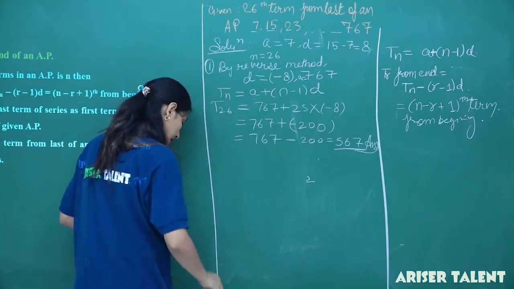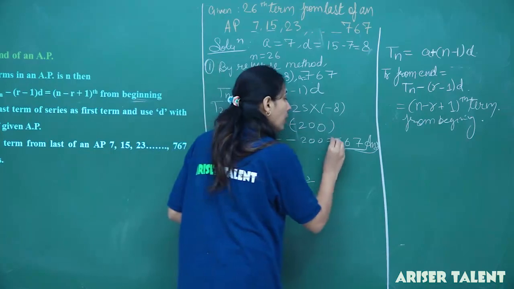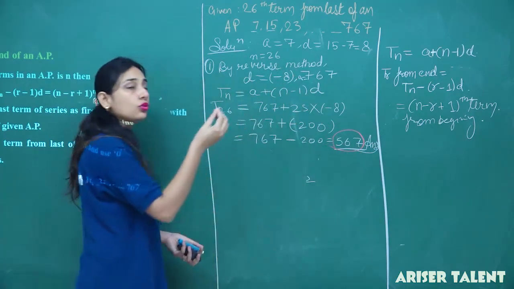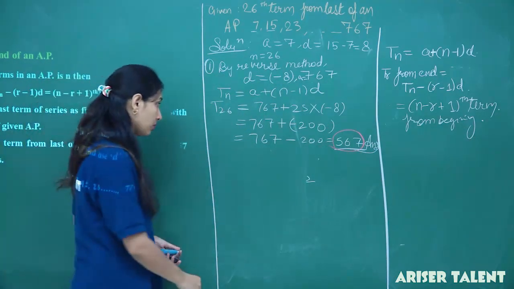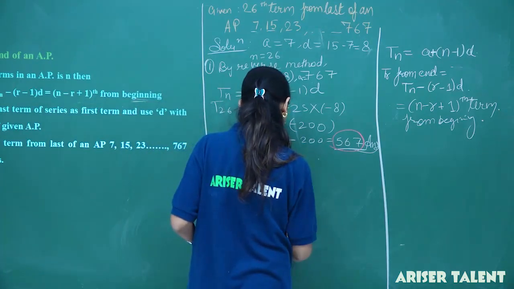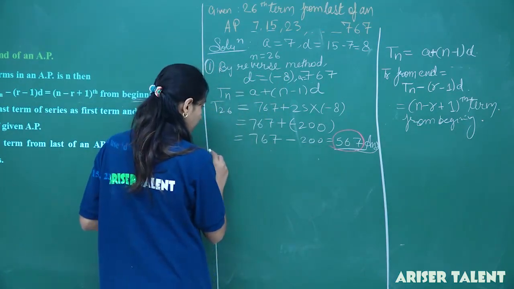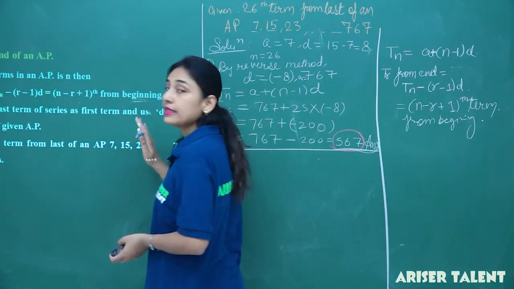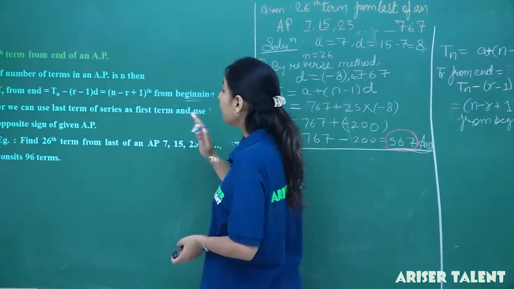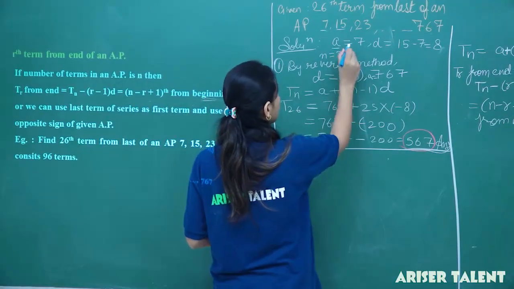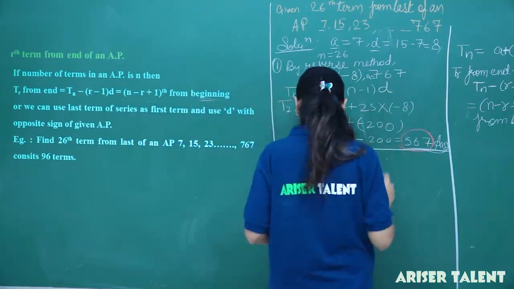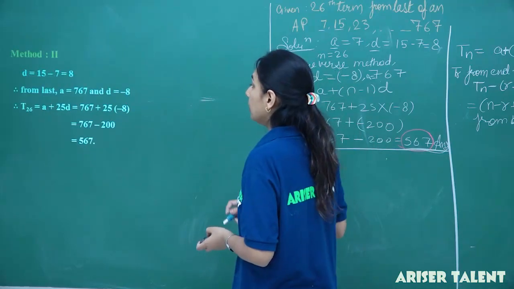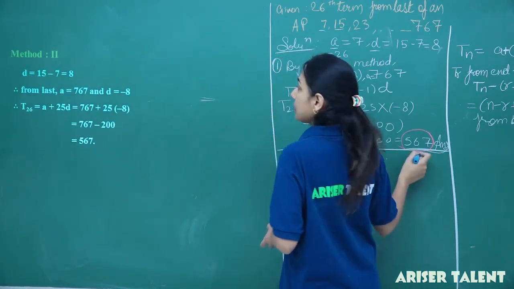So this is your first answer. Now you have to check whether the two given methods are right or wrong. In the second method, we have the first term A and D. This is what we calculated, 567.